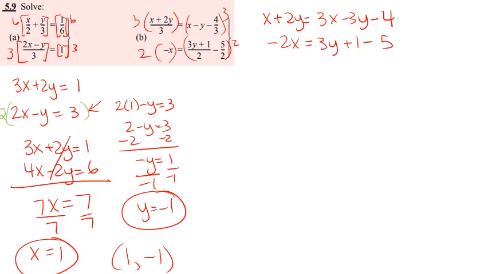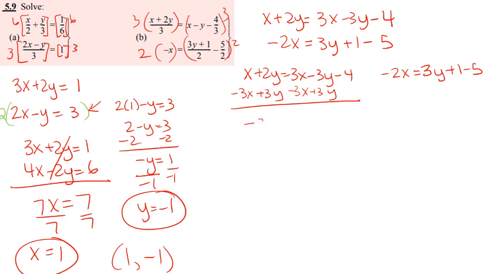All right, so now I want to bring everything to one side. So this is kind of going to get messy. So what I'm going to do is the first equation I'm going to write over here. And then the second one I'm going to write here so that I can show you my work kind of organized. All right, so for this one, I'm going to subtract 3x and add 3y on both sides.